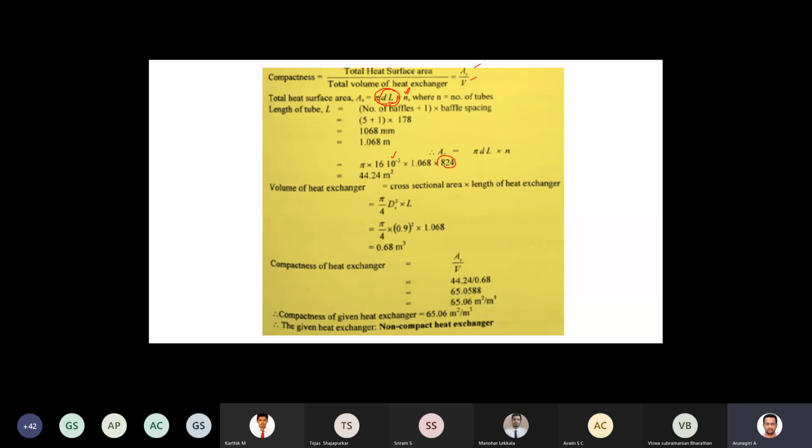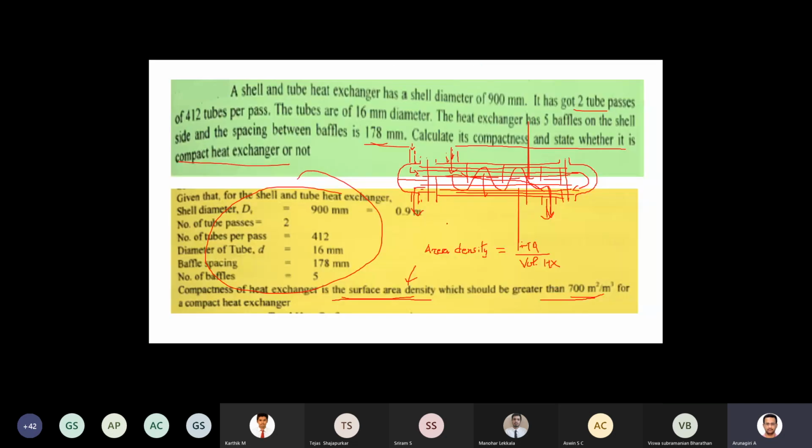The tube length L is not given, but the baffle spacing is given. So it is possible to calculate the length of the tube using the baffle spacing. As I said earlier, here you have 5 baffles, so you have 1, 2, 3, 4, 5, 6 spaces.